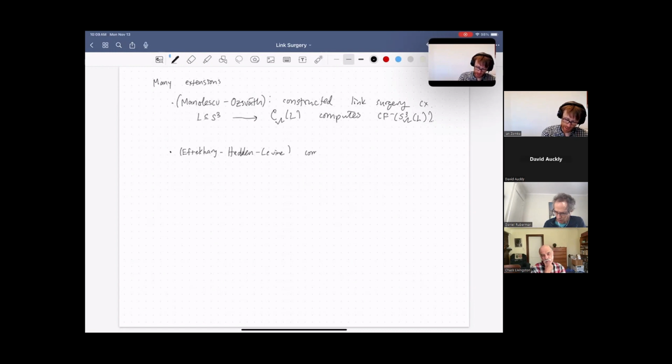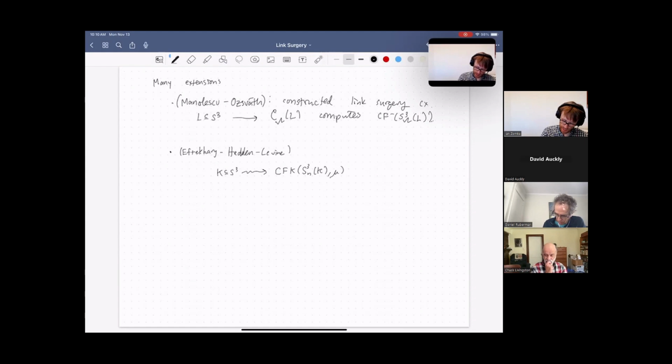So the input is a knot K in S3, and the output is not CF minus, but CFK of the meridional knot in the Dehn surgery.